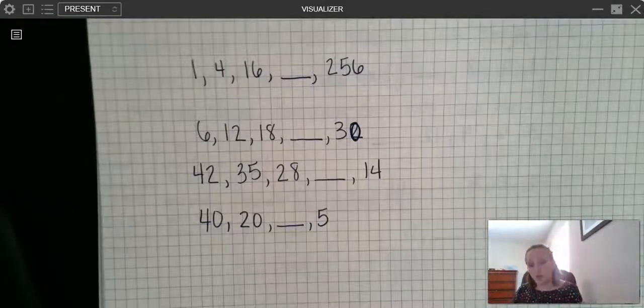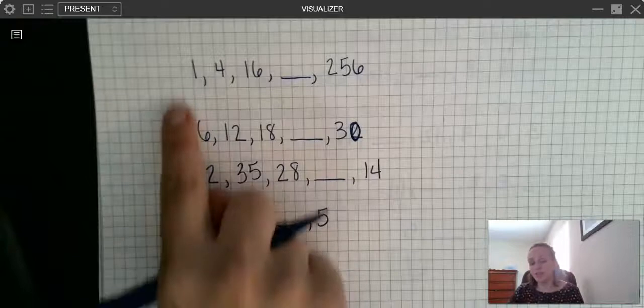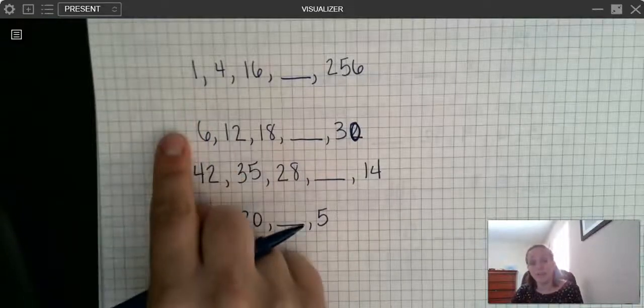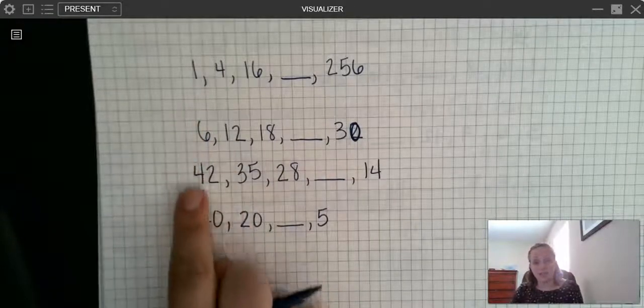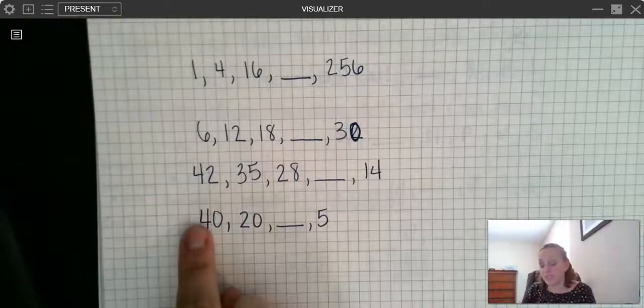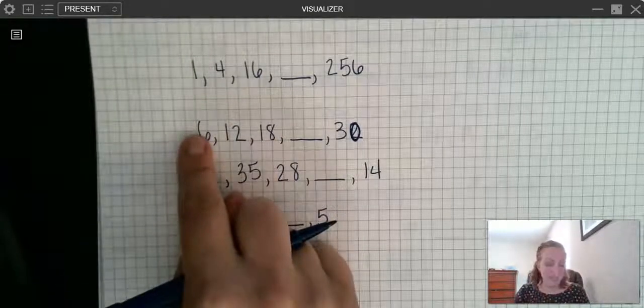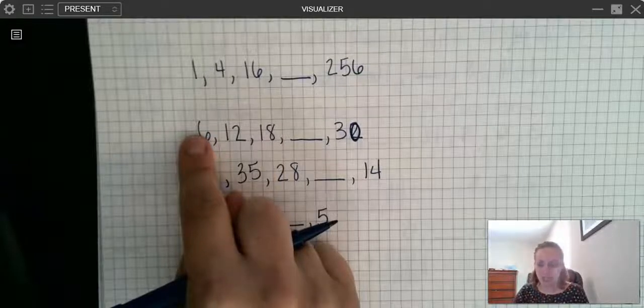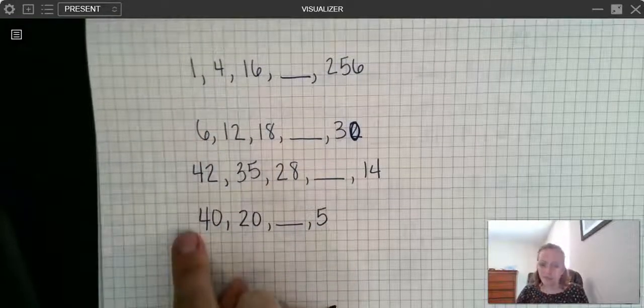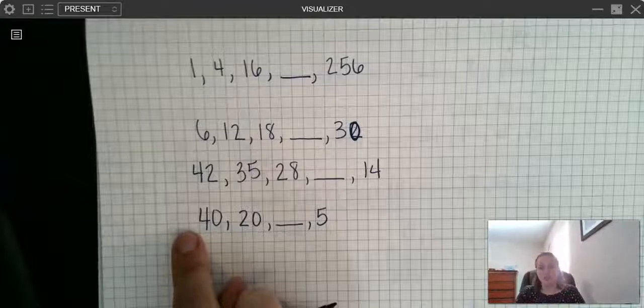So that can help us with our number patterns, because right here I see two examples of number patterns that are getting bigger. And right here, I see two examples of number patterns that are getting smaller. So I know because these are getting bigger, I'm not likely to be using addition or multiplication. And here, I'm not likely to be using subtraction or division.